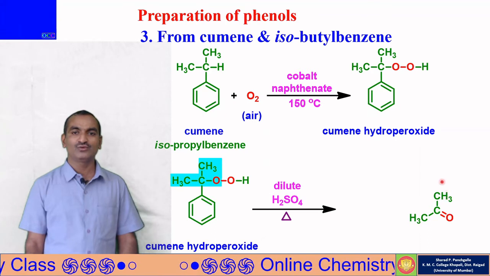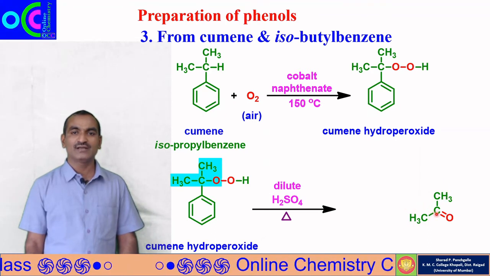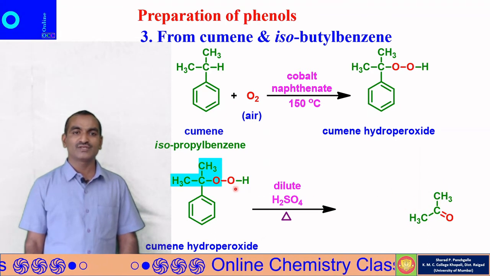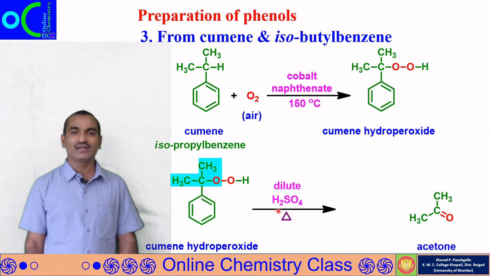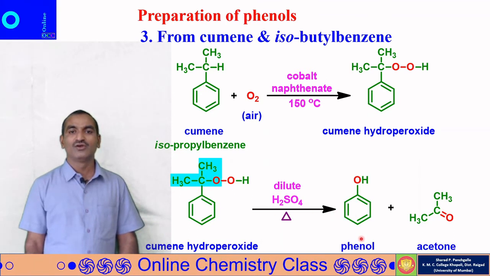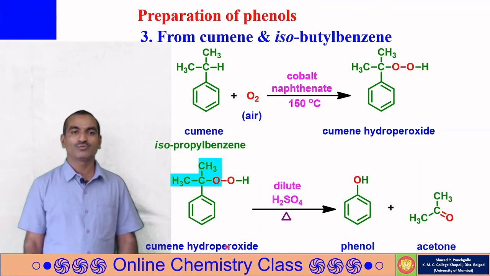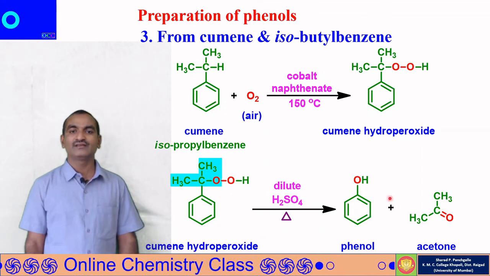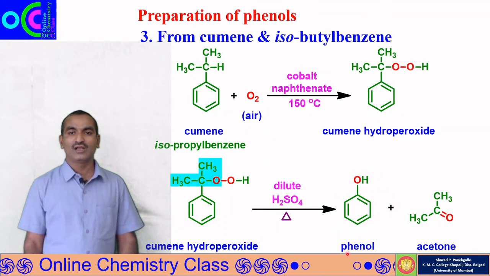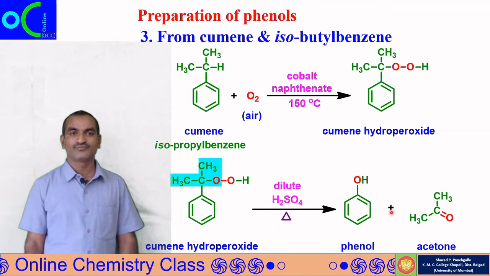So that will give acetone, CH3, C double bond O, CH3. Now this OH will be forming a bond with this aromatic ring. So that is nothing but phenol. So cumene hydroperoxide, when heated with dilute sulfuric acid, undergoes degradation and gives phenol and acetone.